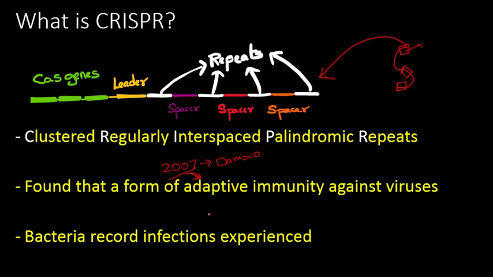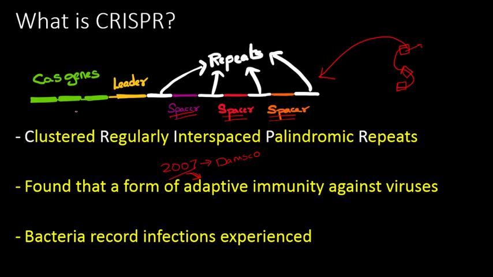It was put forward that it is the spaces that you see, because each is different, as the colors are different. So the spaces represent the infections that this bacteria might have encountered previously.